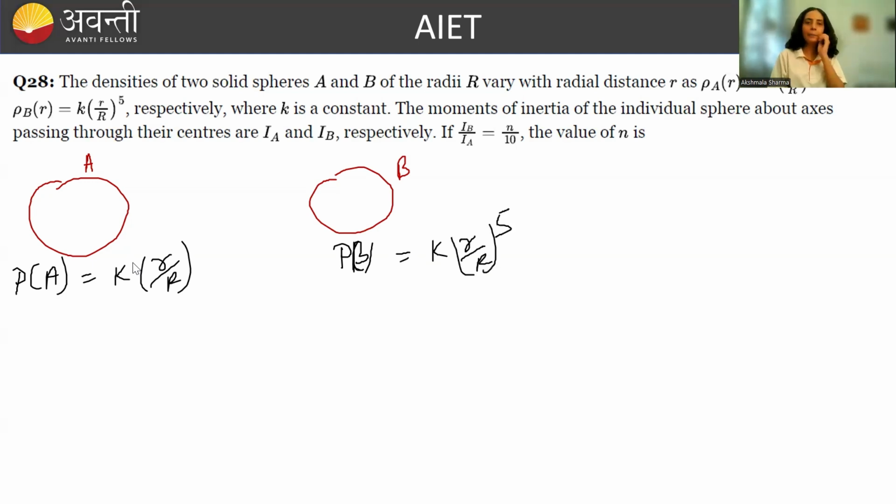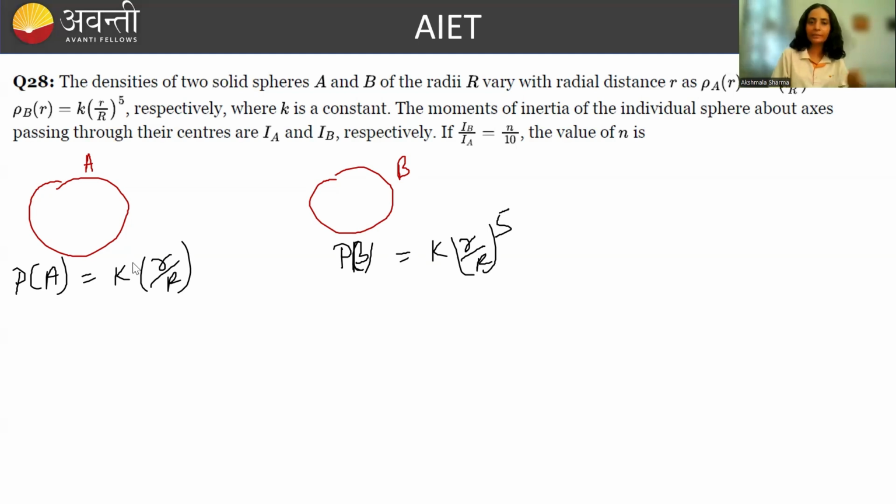Done. And we have to calculate the ratio of their moment of inertia. If density were constant, we could easily write the moment of inertia of these two spheres as 2 by 5 mr square, because these are solid spheres. But since here density is not constant, this is a variable mass system, we need to calculate its moment of inertia through integration.